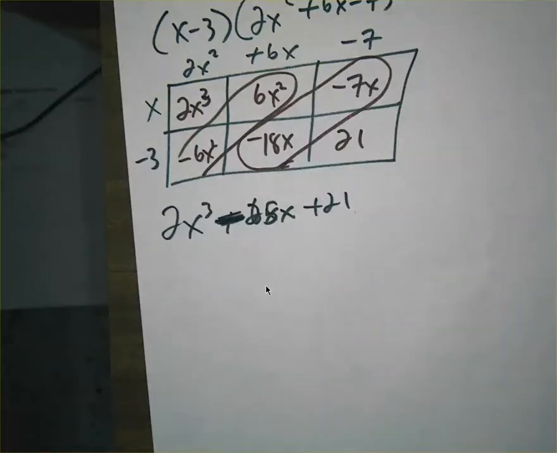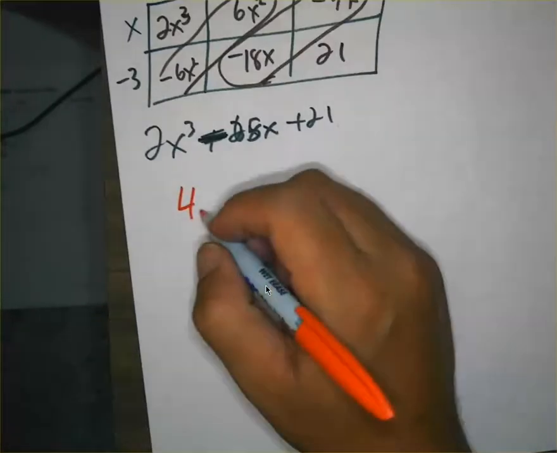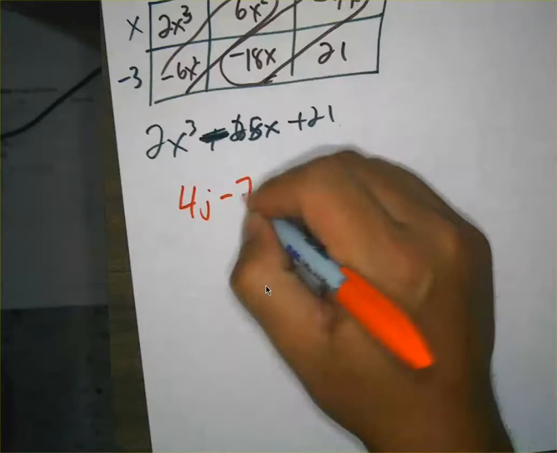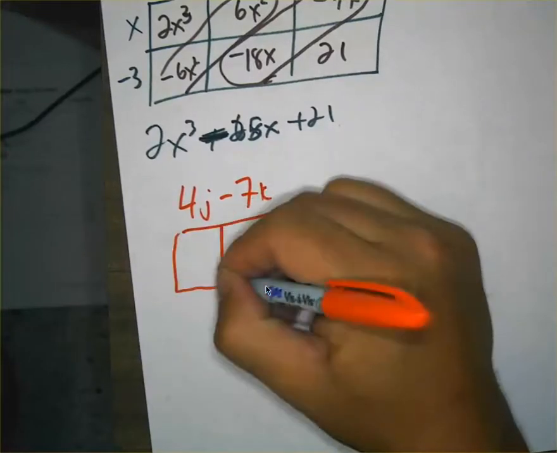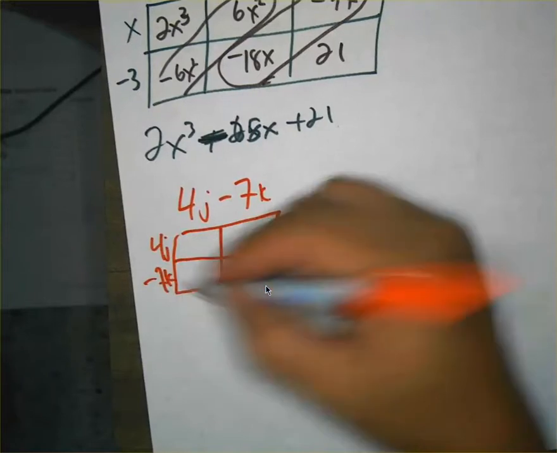Looking at number 15, you can do that one the same way. You can go 4j minus 7k this way, and then 4j minus 7k this way.